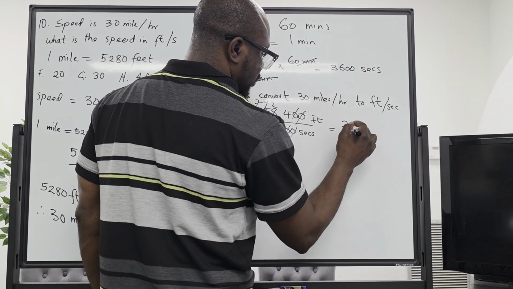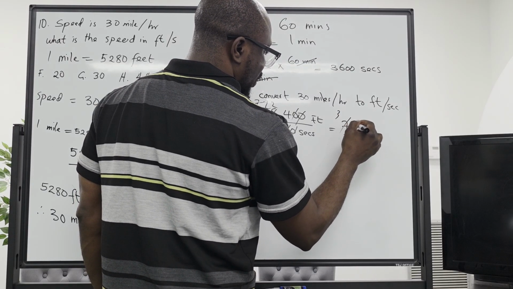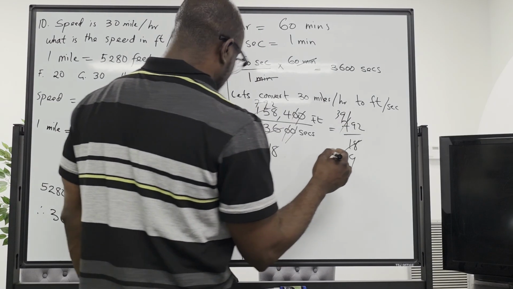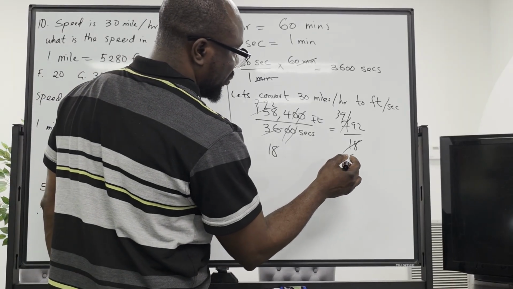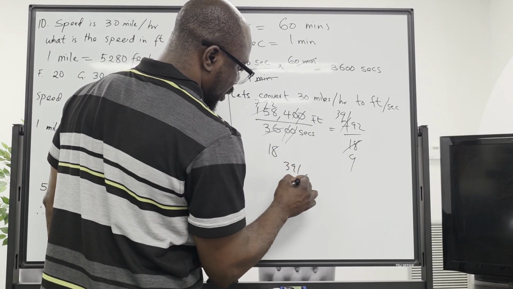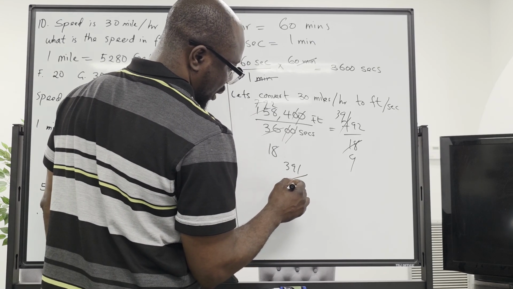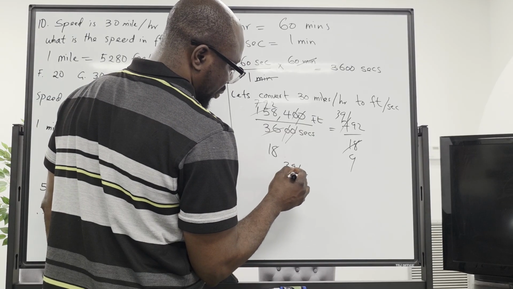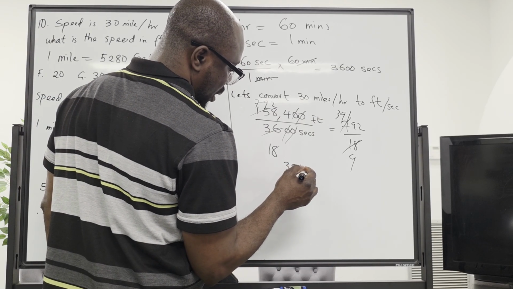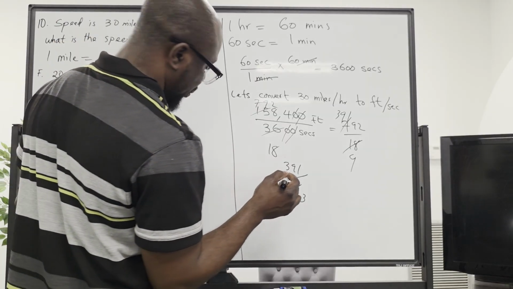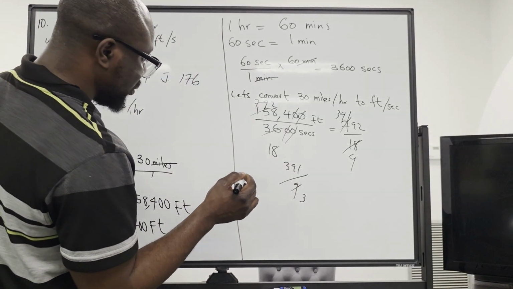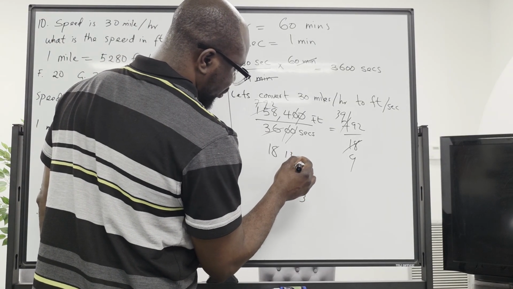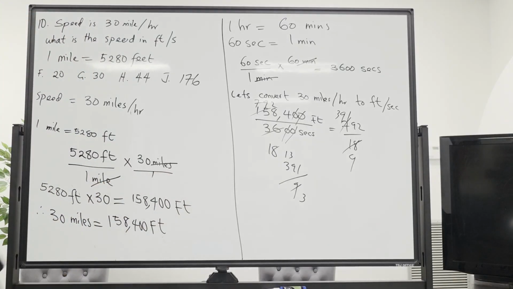2 here will give us 9. 2 in 7 is 3. That gives 396 over 9. Then 3 can go in here. Let me check with my calculator.